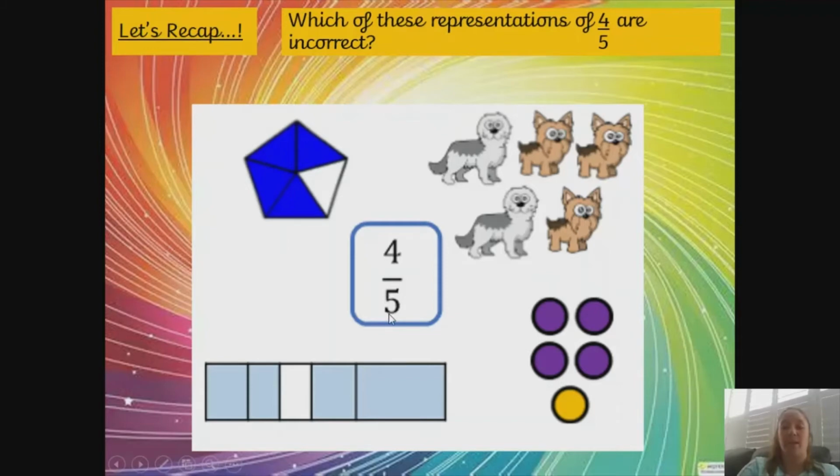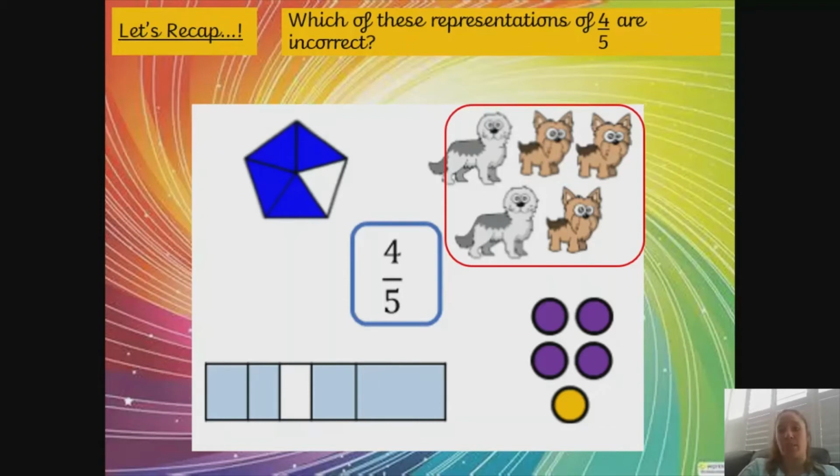That is correct. The dogs then, we've got 1, 2, 3, 4, 5 dogs. Okay, that's correct. Are 4 of them the same? No. So this representation shows us either 2/5, because there's 2 dogs out of the 5, or 3/5, which is showing the 3 brown dogs out of the 5. So that is not a true representation, that is incorrect.